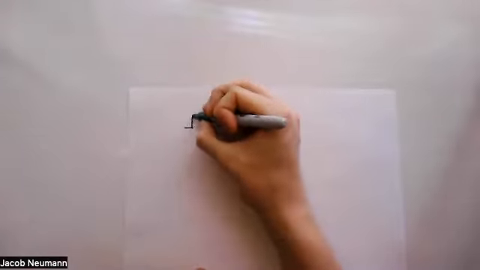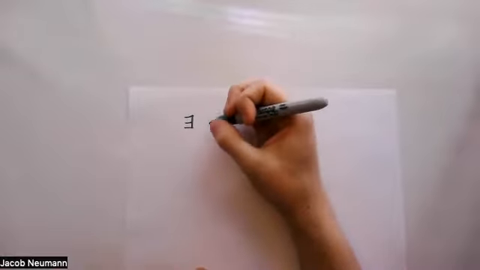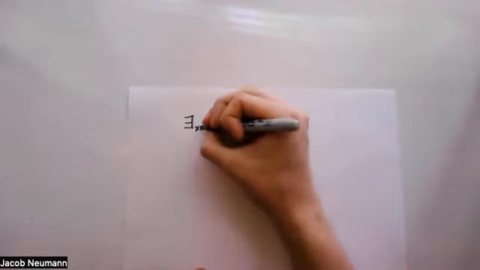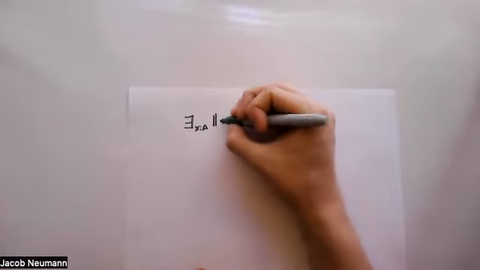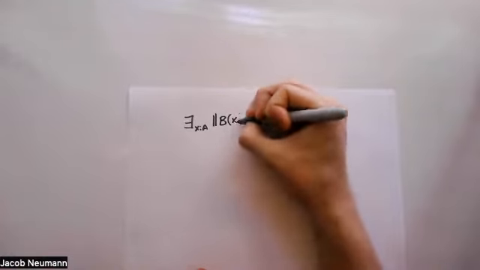Okay, let's do a little bit more of an elaborate example, and that'll be 1b. 1b asks us to prove that there merely exists an x in A such that B of x is inhabited.